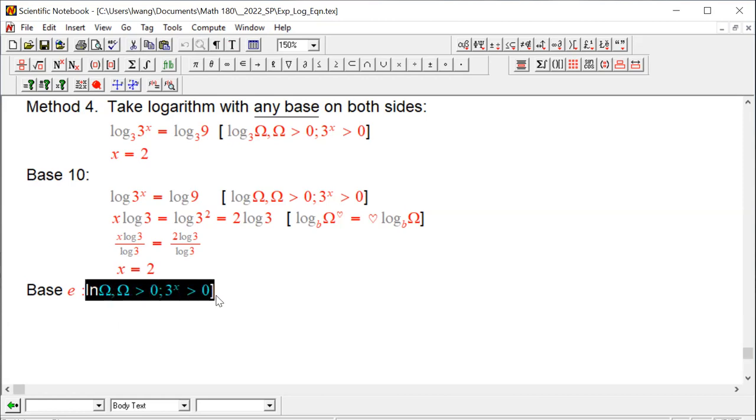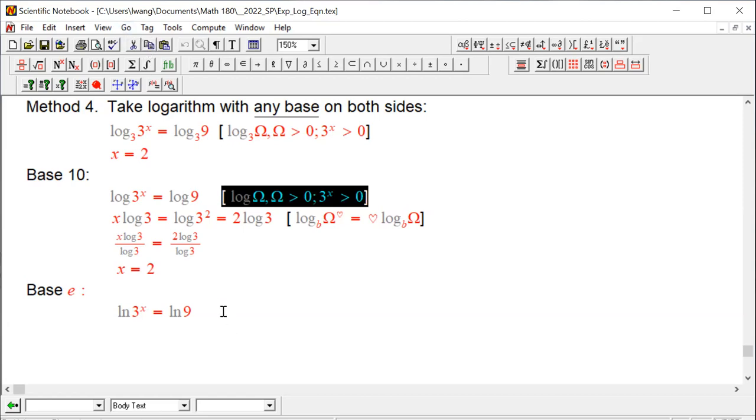Never mind. I need to do this over. So for e, I'm taking the natural log: ln of 3 to the power x equals ln of 9. And the reason I like to mention this is that for the natural logarithm, ln of omega, this argument must be positive too. So we satisfy all the domain requirements, then we take a logarithm.